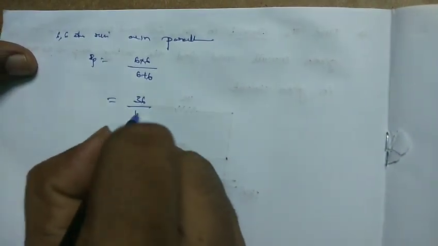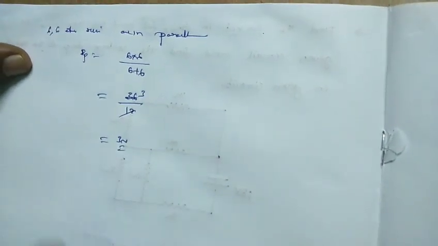So 6 and 6 ohm resistances are in parallel. Then Rp is equal to 6 into 6 by 6 plus 6, that means how much? 36 by 12, that is 3 ohms.